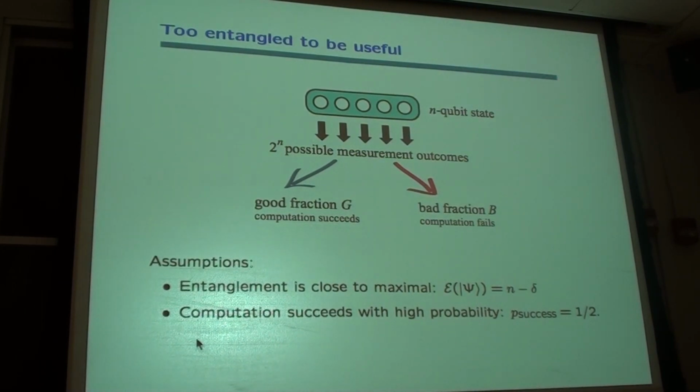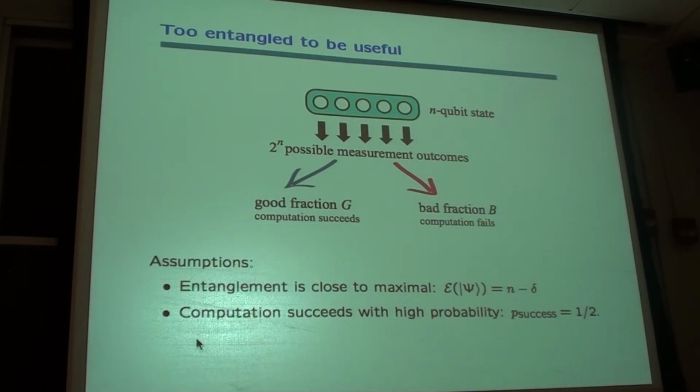So we have an n-qubit quantum state. There are 2 to the n possible outcome configurations for local measurements. And we divide them into 2 fractions. There's the good fraction, in which the computation succeeds, and there is a bad fraction in which it fails. And I make no assumptions whatsoever about the processing here.